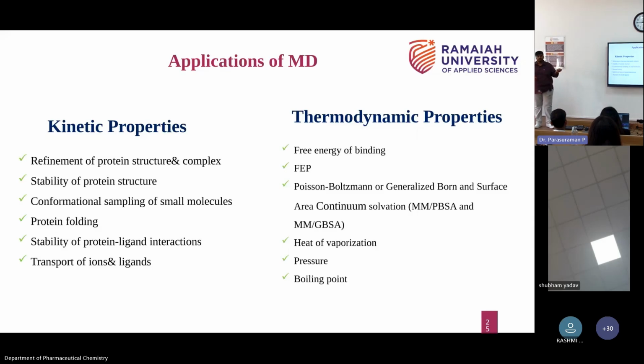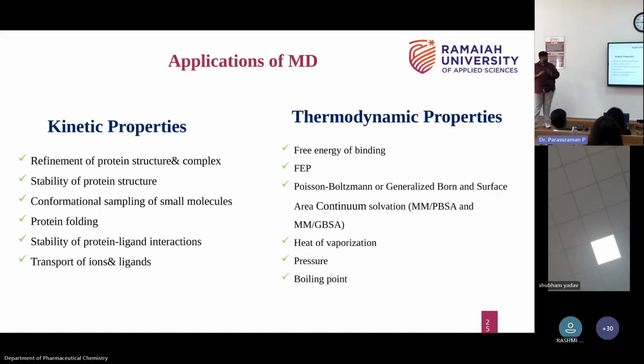These thermodynamical properties focus mainly on the atom-wise interactions, where we have different types like free energy perturbation, free energy of binding, MMGBSA, MMPBSA, and heat of vaporization, pressure, boiling point. With FEP, MMGBSA and MMPBSA, we'll be analyzing the free energy after binding the ligand to the protein.